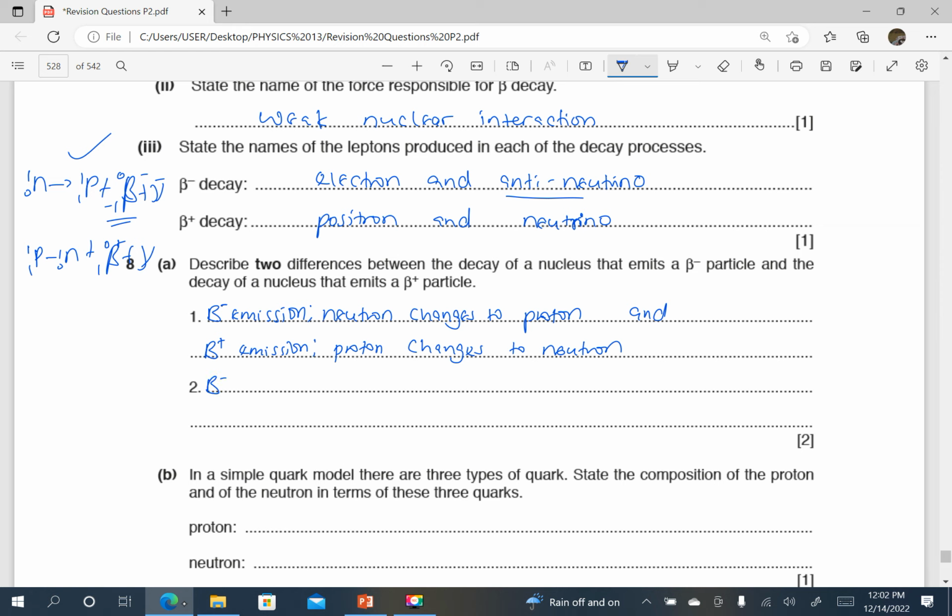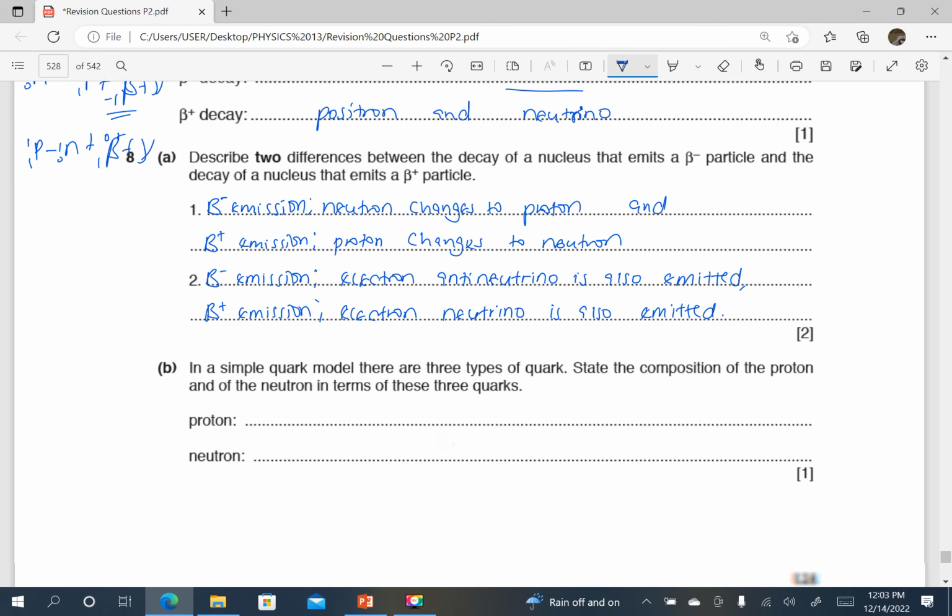So for beta minus emission, an electron antineutrino is also emitted, and for beta plus emission, an electron neutrino is also emitted. So those are the two differences.